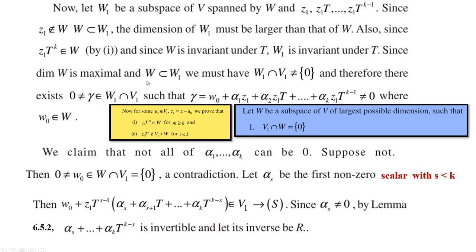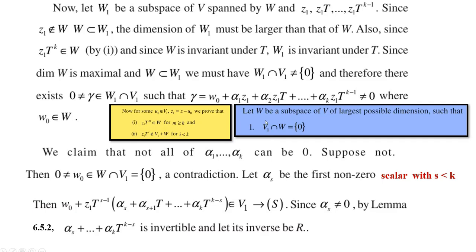But here you have got another subspace whose dimension is greater than that of W. So how can its intersection with V1 be just a singleton 0? It cannot be. So W1 intersection V1 cannot be 0. The explanation for all this follows from 1 and 2.